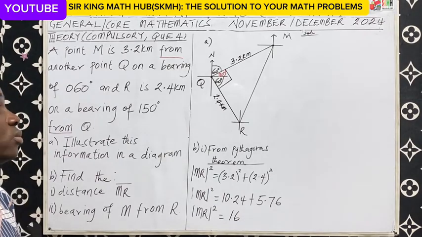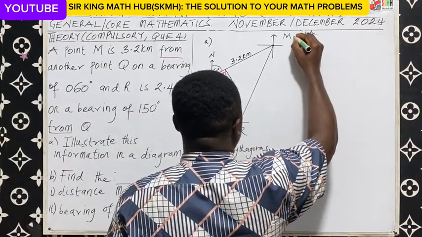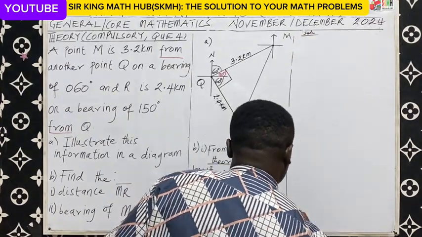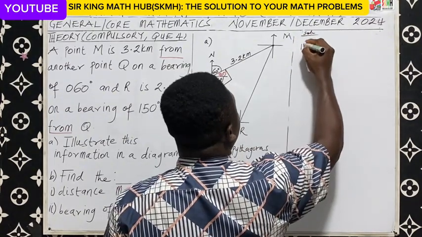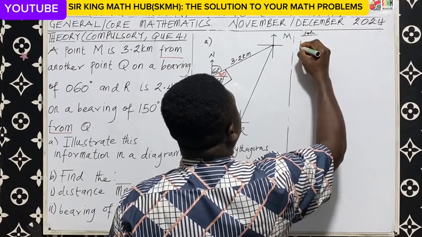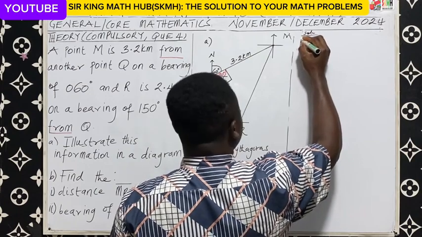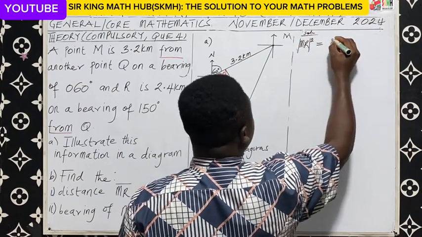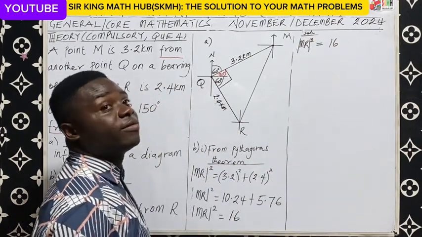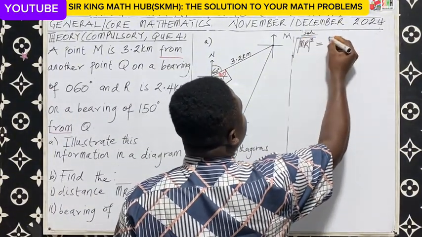So what do we do? We can take square root on both sides. Since we are looking for MR, we take square root on both sides.